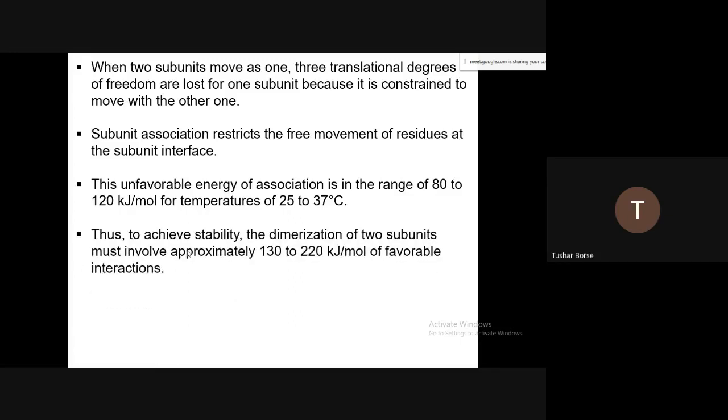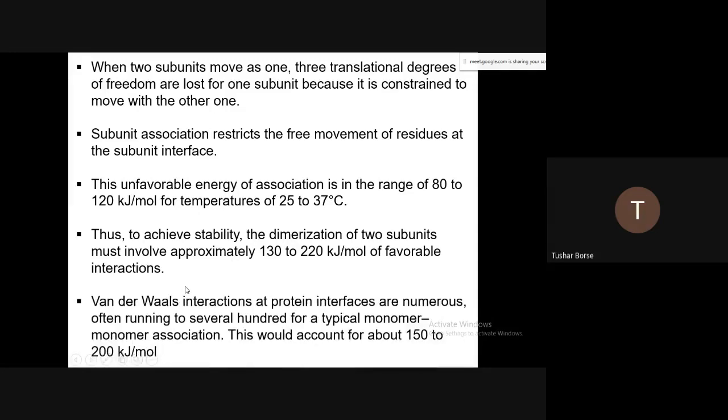So you can see here, thus to achieve stability, the dimerization of the two subunits must involve approximately 130 to 220 kilojoules per mole of favorable interactions, right? So that many favorable interactions are taking place, so that this unfavorable energy, which is not allowing the subunits to come together, can be removed, and you get the structure which is formed.